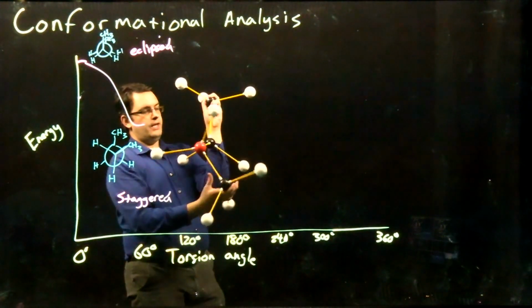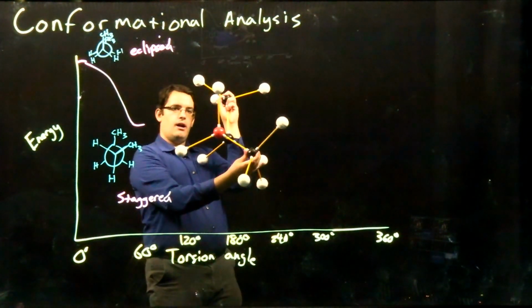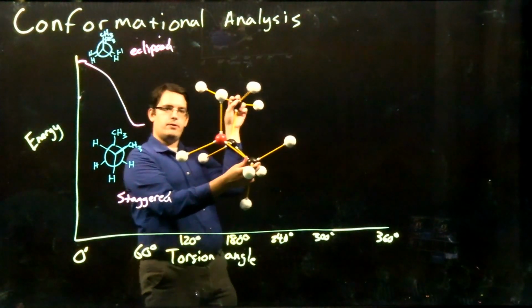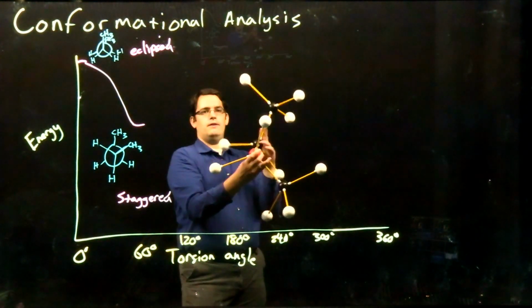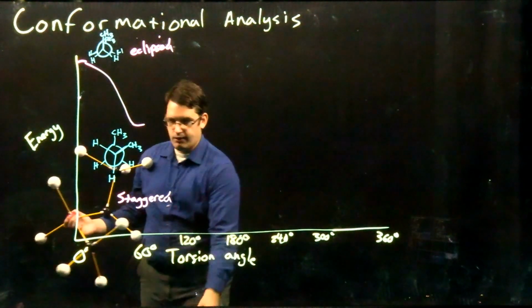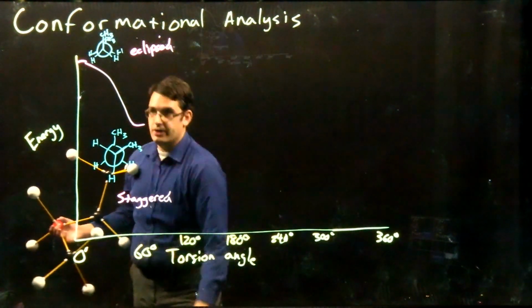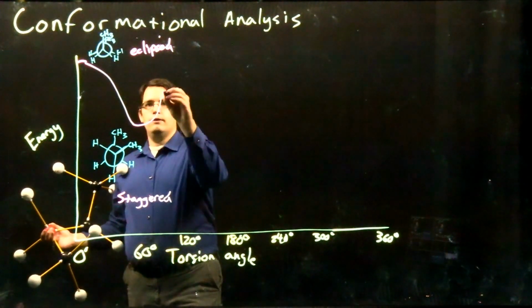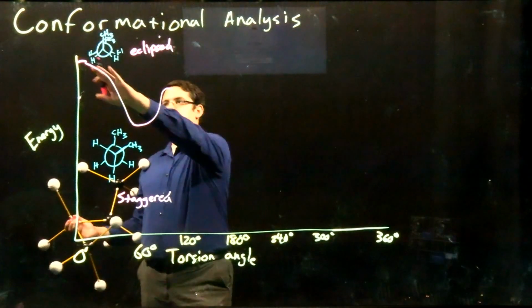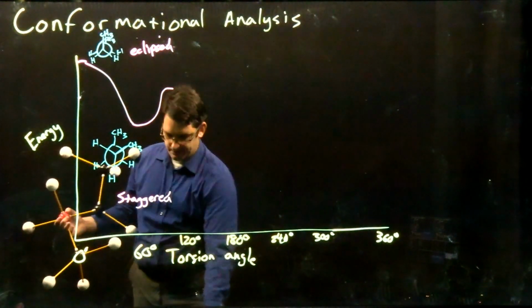My two carbons at the ends, those methyl groups, are much further away from each other, and we're going to have less steric repulsion between these two carbon groups. So although we're still in a high energy eclipse conformation, so we go back up here, it's lower energy compared to my original eclipse conformation.